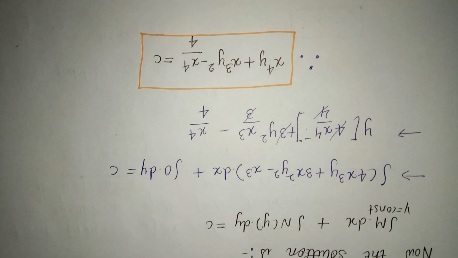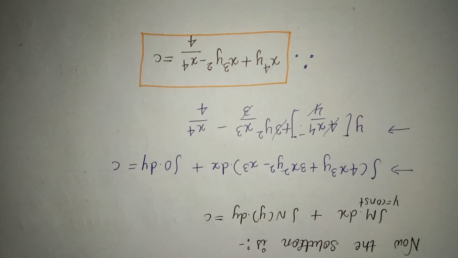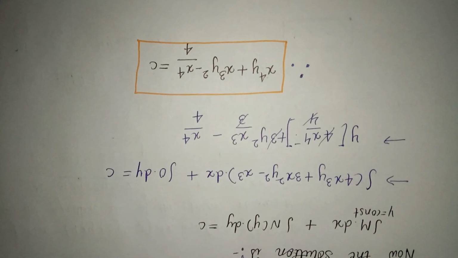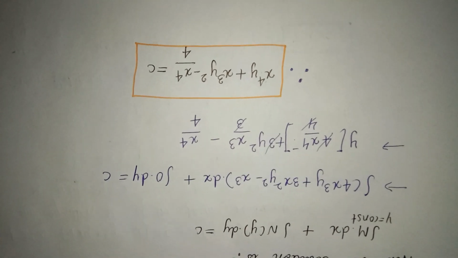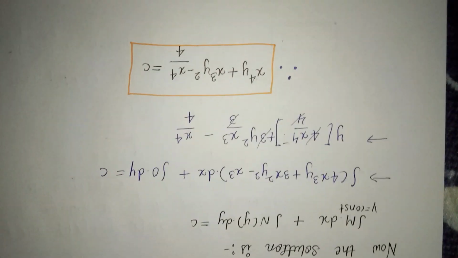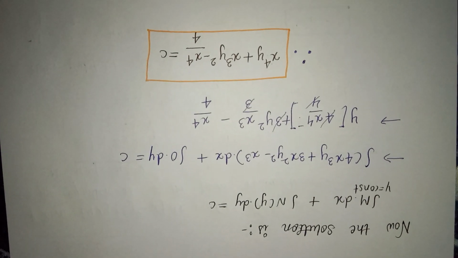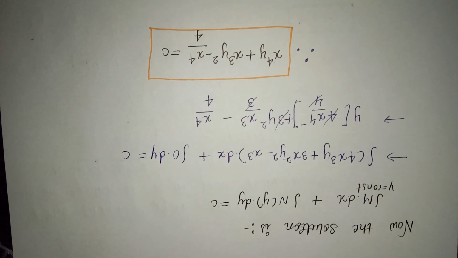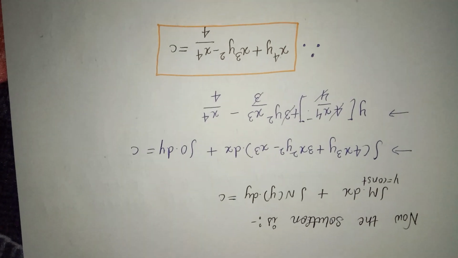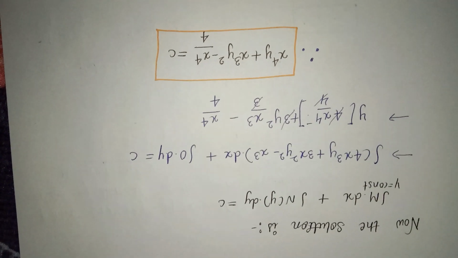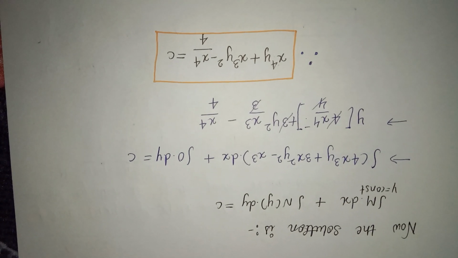Then 3x square y square gives 3y square into x cube by 3, and x cube gives x to the power of 4 by 4. The 4 gets cancelled and the 3 gets cancelled. We get x to the power of 4 y plus x cube y square minus x to the power of 4 by 4 equals c. So this is the solution for the exact equation which we have derived.